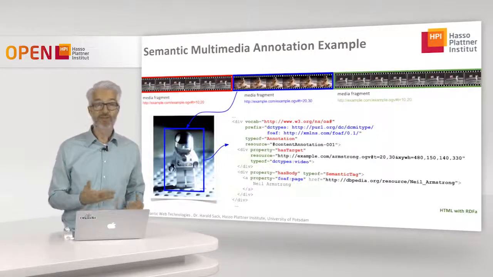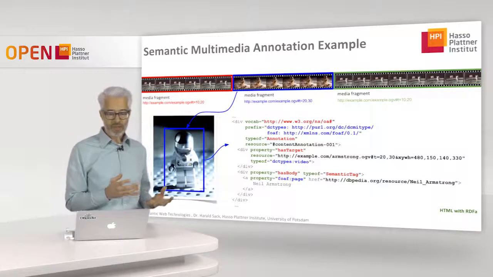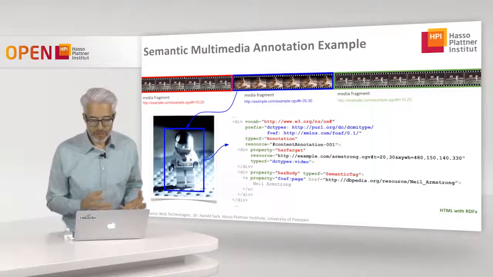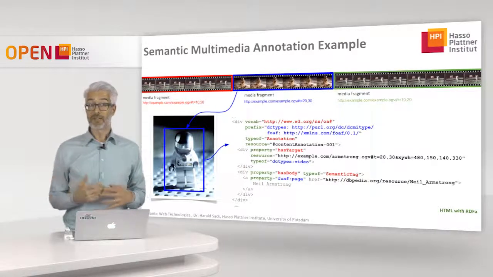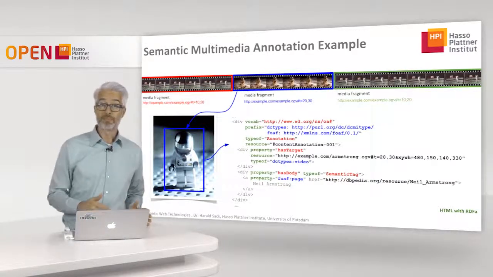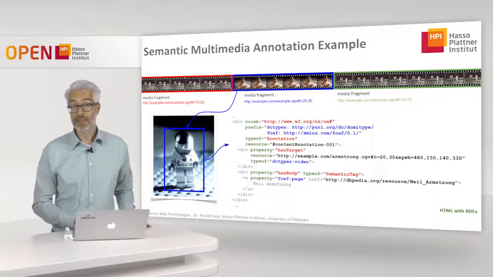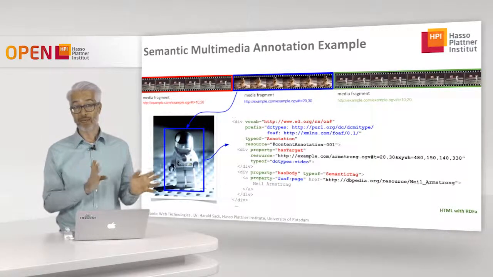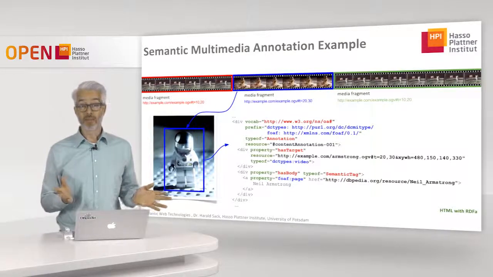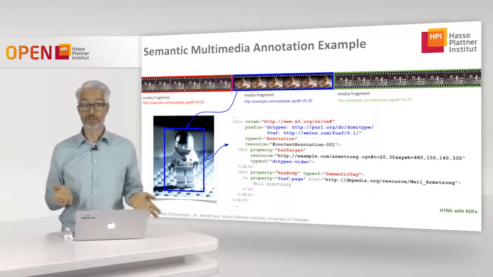So how does this work? Imagine we are considering a video file. Video is usually a medium which is dependent on time, so I must have some means to specify segments in time of that video. And this is possible via a URI fragment identifier.